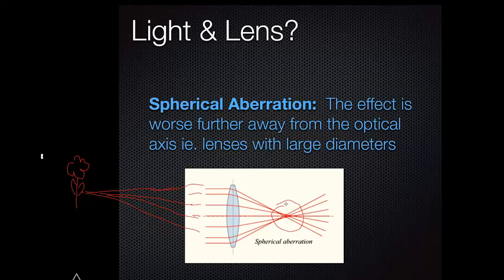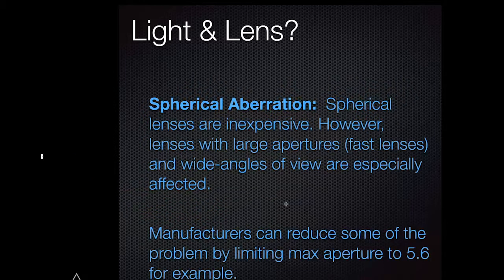If you go to a photo store, or maybe in your own camera bag, you have some lenses that when you look at the face of them are very small, and some lenses have a very, very large piece of glass at the front. So the light coming in on those outer edges of the lens is further away from the optical axis. So lenses that are large that way tend to be prone to this problem.